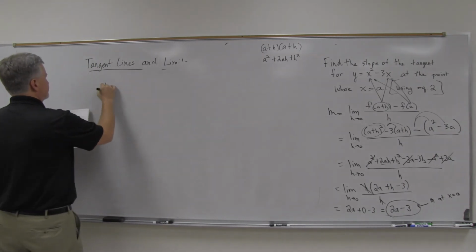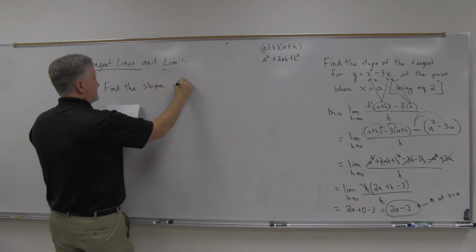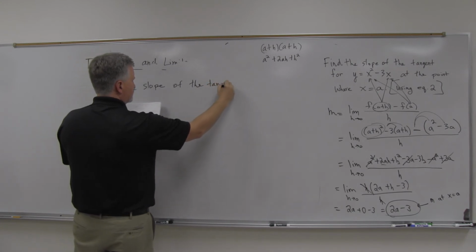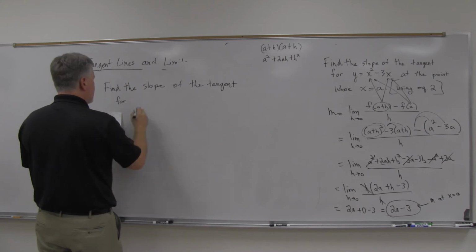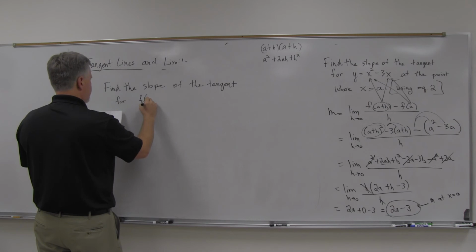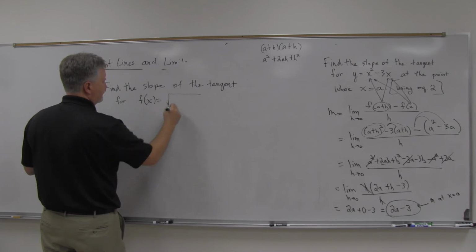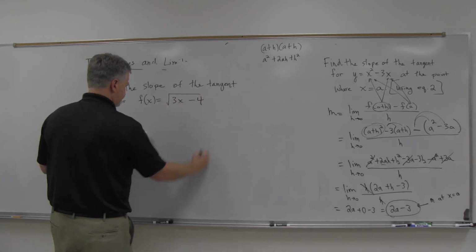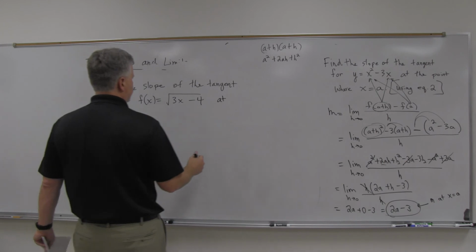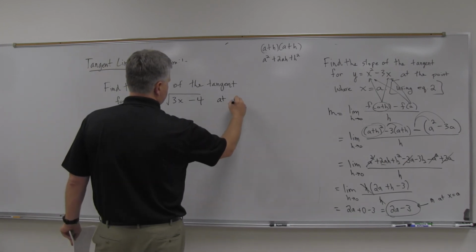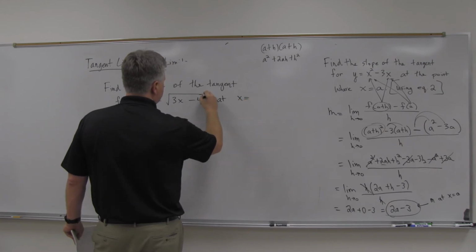Let's find the slope of the tangent for f of x equals the square root of 3x minus 4 at x equals a.